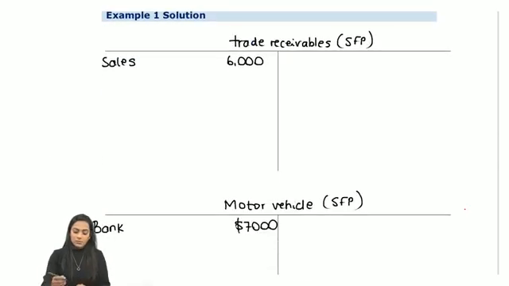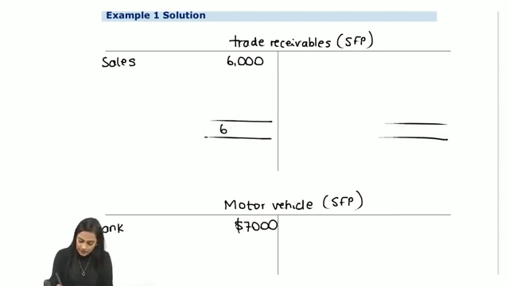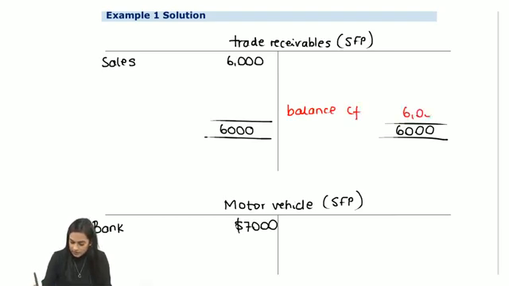Trade receivables is an asset, so we'll have to have an opening and a closing balance. 6,000, 6,000. We balance carried forward, 6,000. Balance brought forward, 6,000.